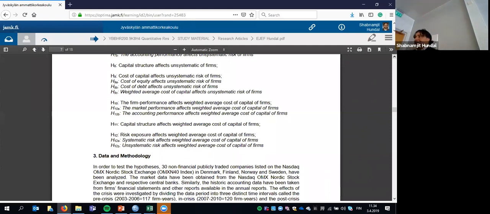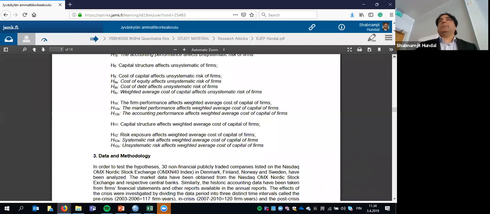Your hands are tied. You want to claim something, but you don't have enough evidence. Then you can say, at least one thing is there, that advertisement has an impact. So your hypothesis would be that advertisement has impact on performance. And the same way you can do with innovativeness.